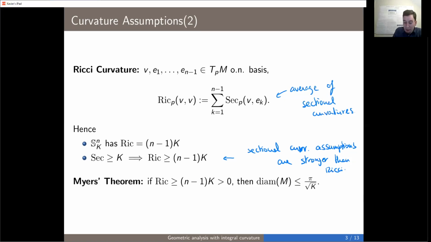If you have a manifold whose Ricci curvature is bounded below by (n-1)k, and here k is positive, okay, so I'm comparing the Ricci curvature to the one of a sphere, then actually the diameter is also bounded above by the diameter of the sphere. Okay, so actually this is a stronger theorem. It implies Bonnet's theorem, and so because of this, sometimes this is also called the Bonnet-Myers theorem.